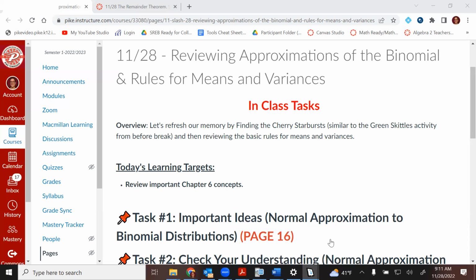Why would I be allowed to model this with a binomial distribution, even though they did not replace? What were the things that we wrote down at the top?